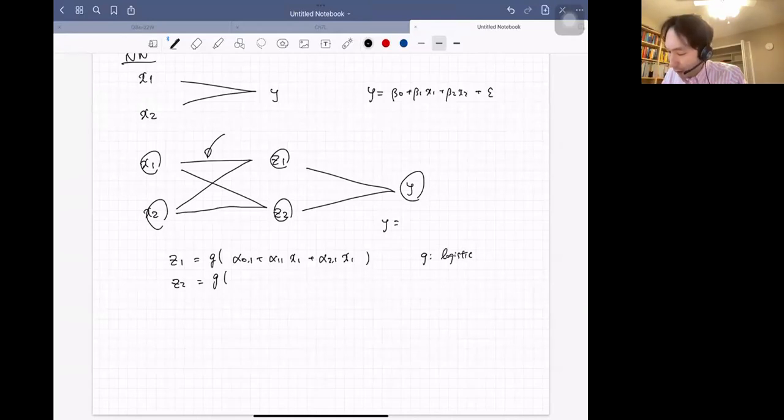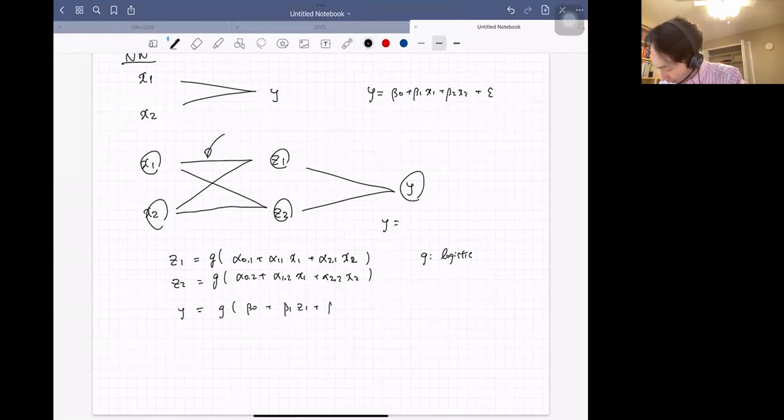Logistic function of this linear combination, and for Z2 we have the same thing: alpha 02 plus alpha 12 x1 plus alpha 22 x2. Then again, we think about y equal to g of beta 0 plus beta 1 z1 plus beta 2 z2.